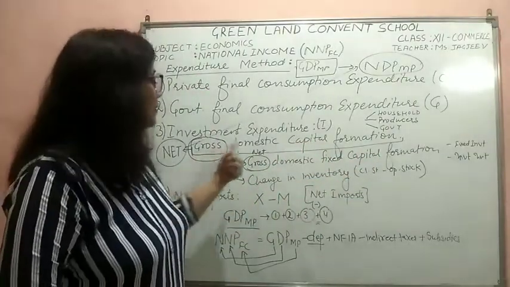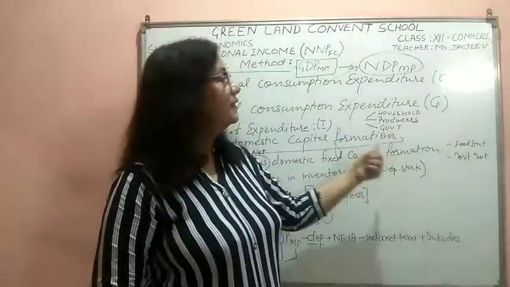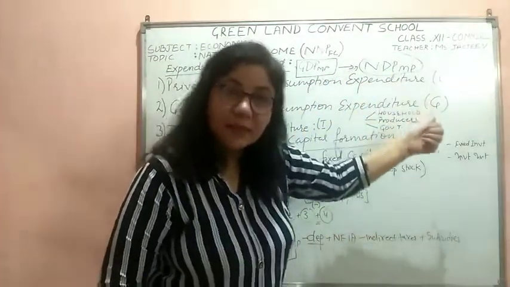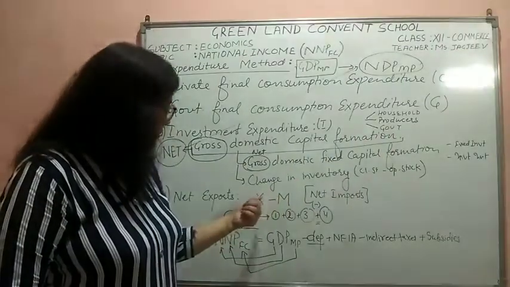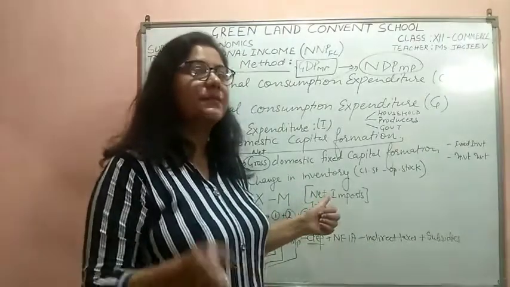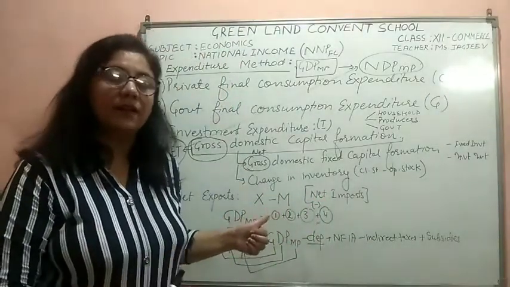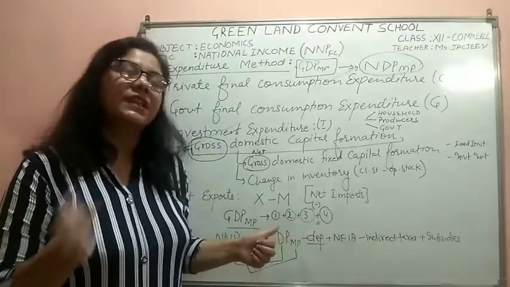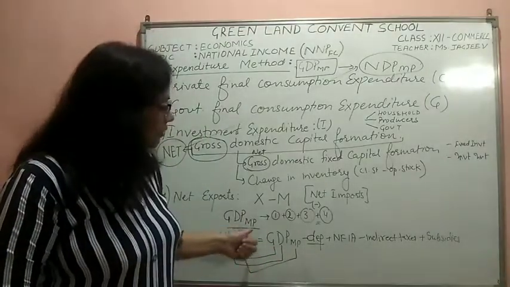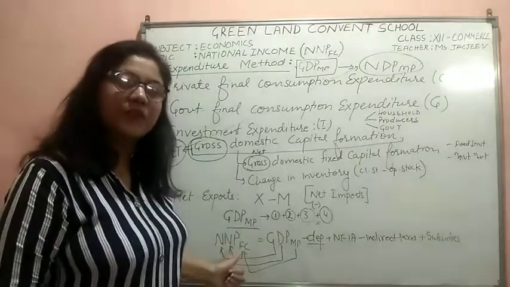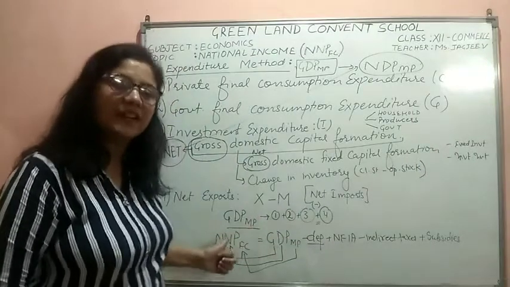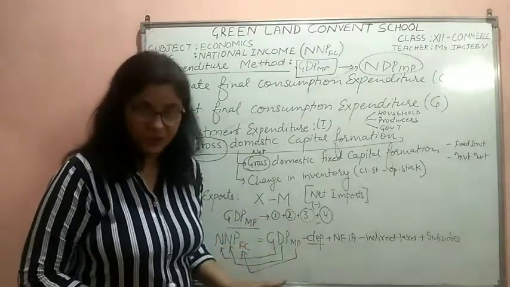If the word net domestic fixed capital formation is given, then instead of finding GDP at MP, we would be finding NDP at MP. Inventory investment we have to add on. Fourth item is net exports, export minus import. It's a positive item, we have to add. But if net imports are given, then it would become the negative item to be subtracted. After finding GDP at MP, you could first write down the formula for finding NNP at FC or national income, then you would be finding the national income.